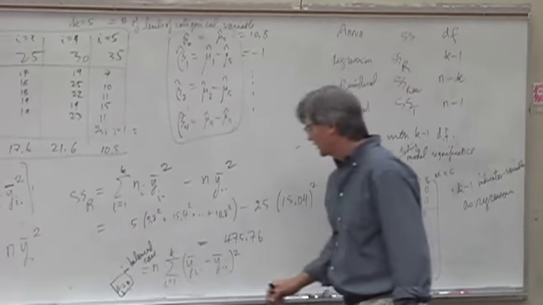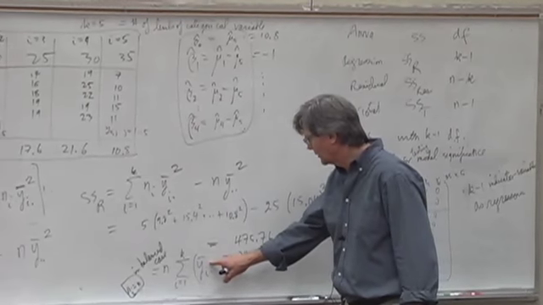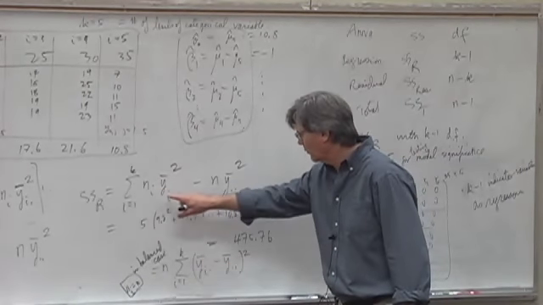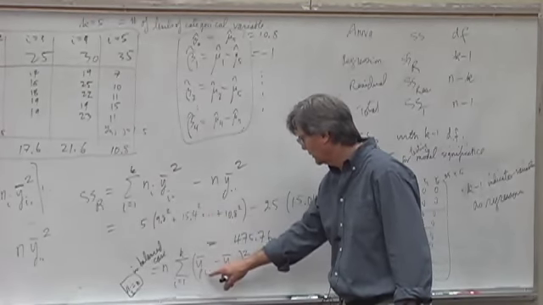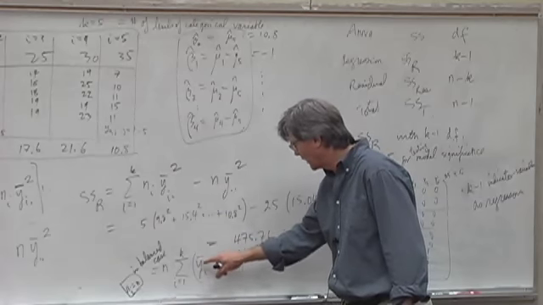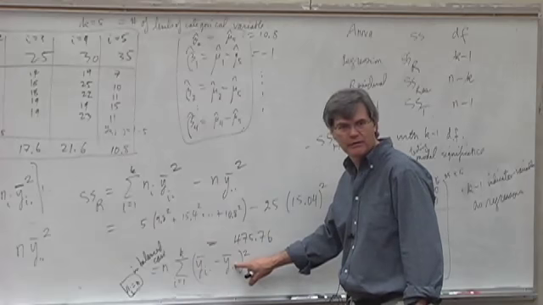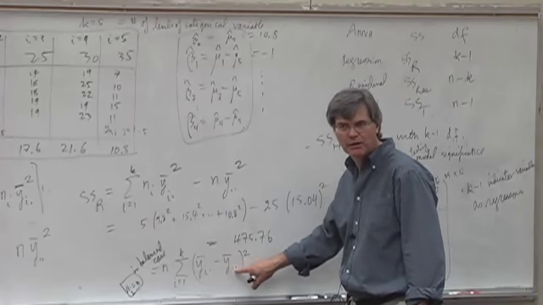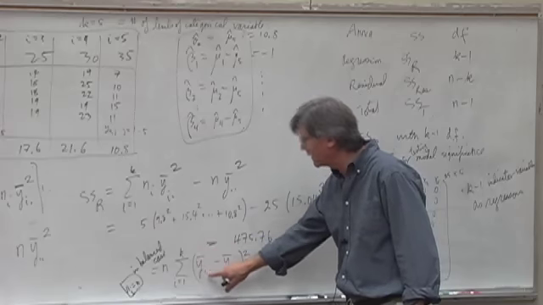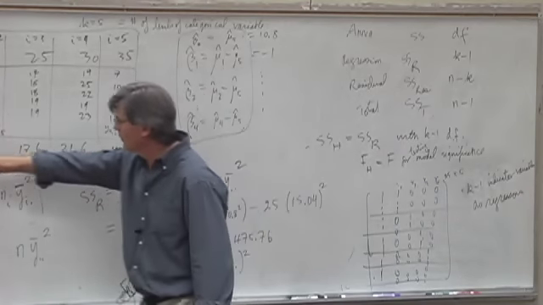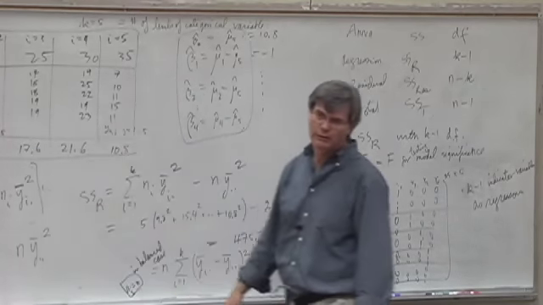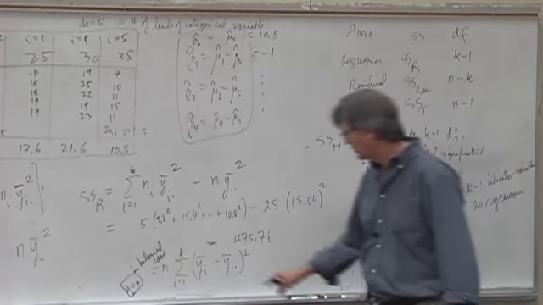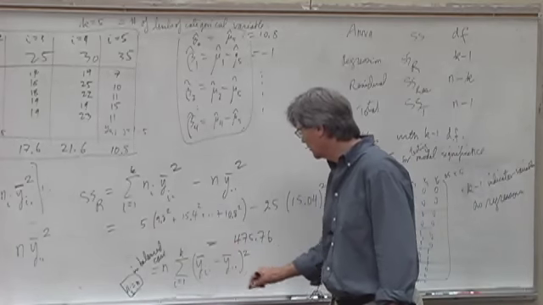If I expanded this, I'd get n yi bar squares, because the average of the yi dot bars is y double dot bar. So this is the sum of squared deviations about the mean. If you just average these 5 numbers, you get 15.04. So this is again just the shortcut method.